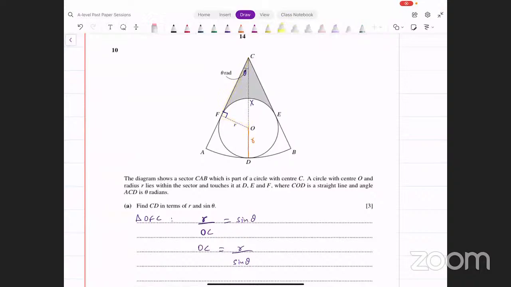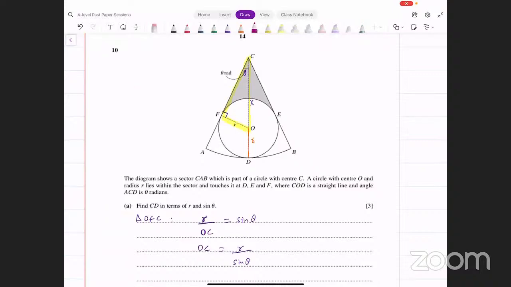हम क्या करते हैं? Triangle OFC के लिए, it's going to be easier to just find the length FC. FC length find कर लेते हैं पहले. ठीक है? FC length कैसे आएगी हमारे पास? हम इस पे भी trigonometry use कर लेते हैं.